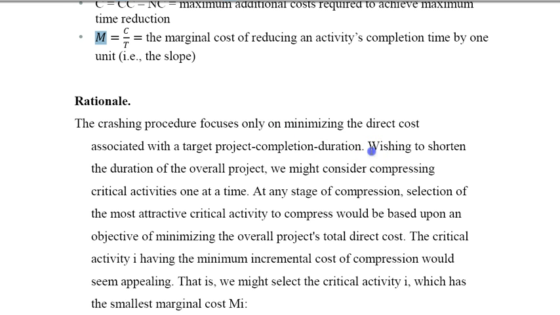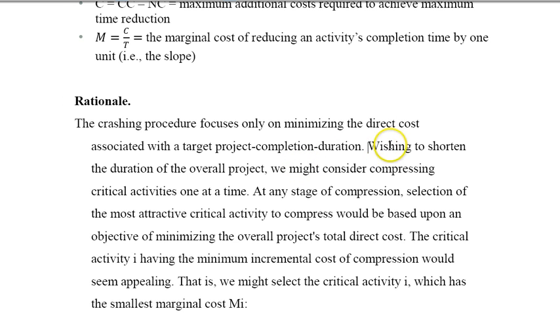But the problem is I cannot pick all of those, because once I reduce one activity by 1 day, that's going to change the dynamics of my project. Some of the critical activities may become non-critical, and so reducing them, even if they had minimal marginal cost, will not reduce the project duration. So that becomes an issue.